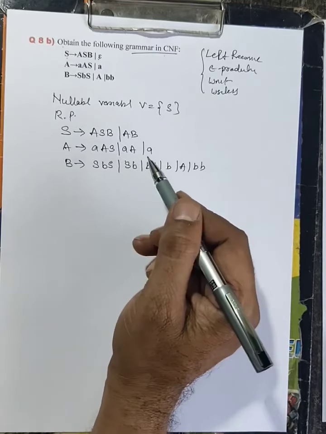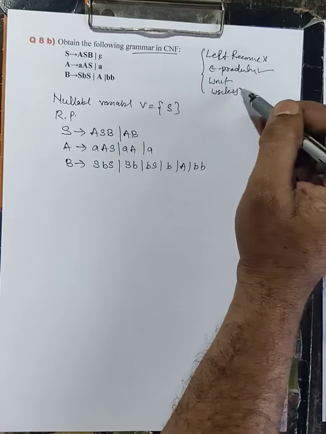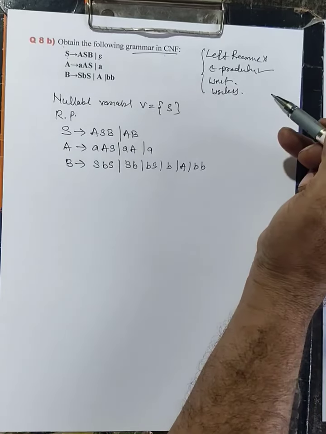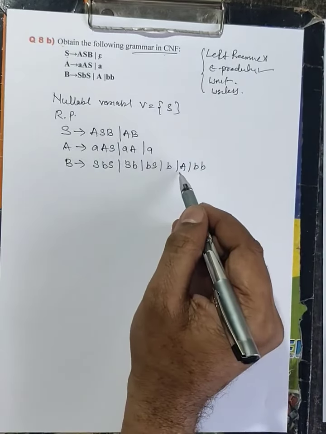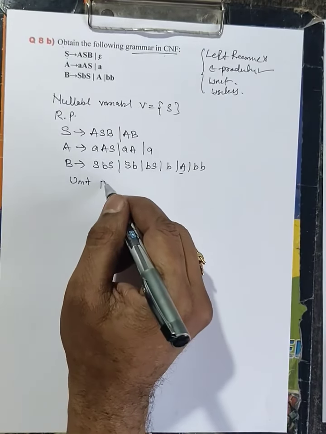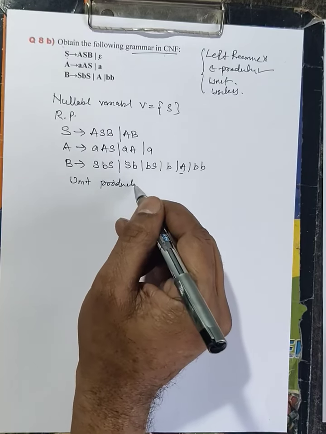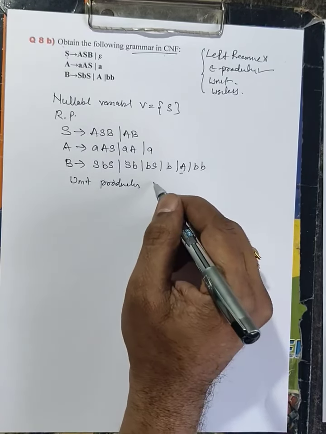Left recursion is not there, epsilon is over, then check unit and useless production. First, is there a unit production?